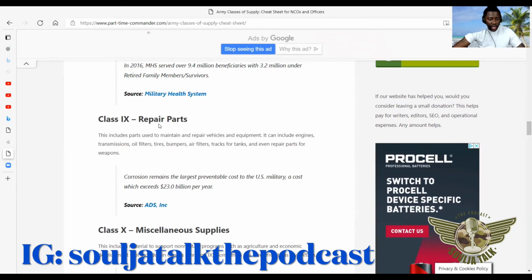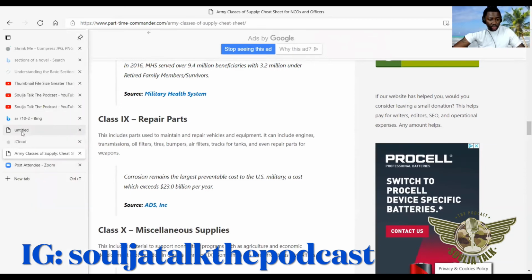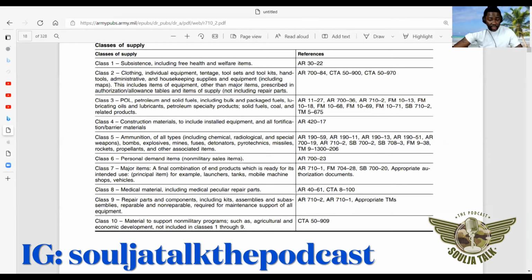So class 8, you can find those in AR 40-61 and CTA 8-100. Class 9 is going to be your repair parts and components, including kits, assemblies, and subassemblies, repairable and non-repairable, required for maintenance support of all equipment.